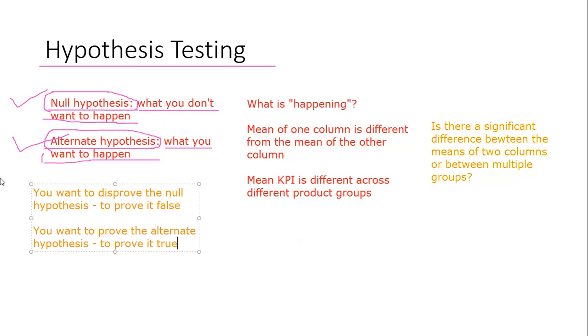Then that means that men and women are the same in the sample. They are not differing based on age. So you can't make any claim about the population of men and women. You can't make any claim. So ideally what you want is that alternate hypothesis gets accepted or it turns out to be true, and the null hypothesis turns out to be false. That's what you want to happen.